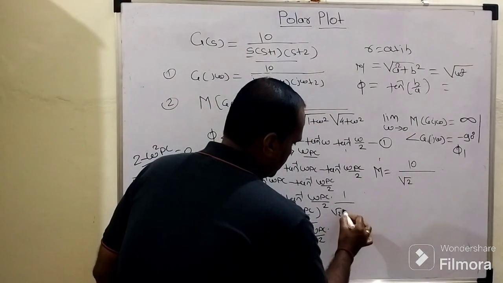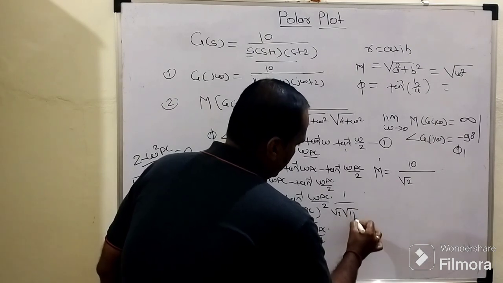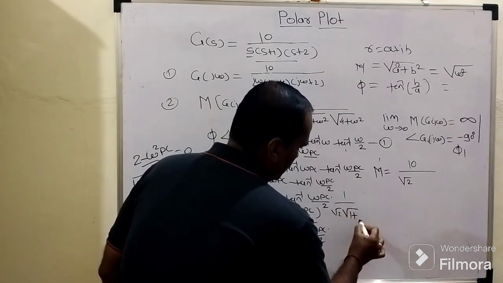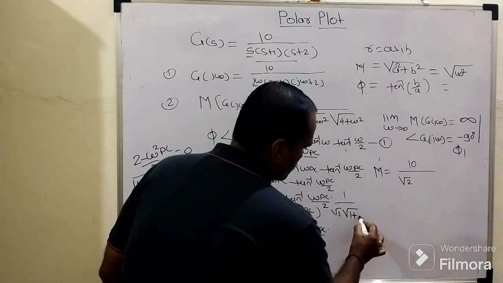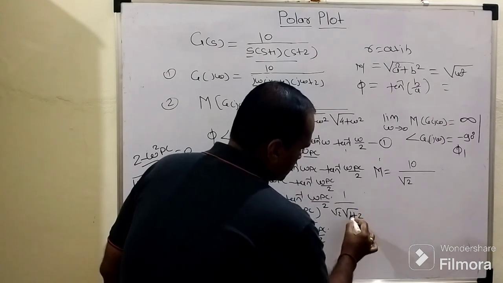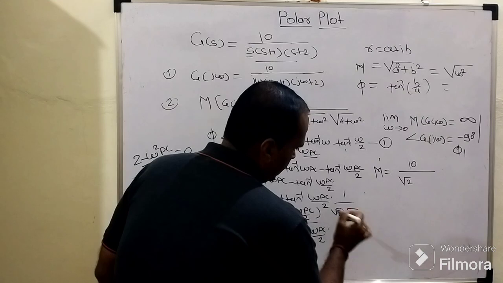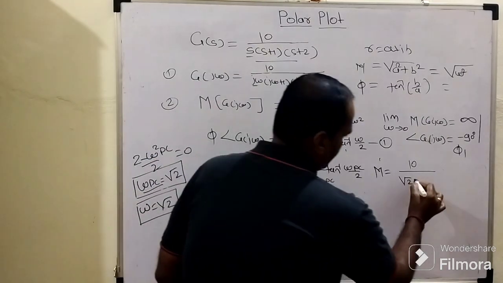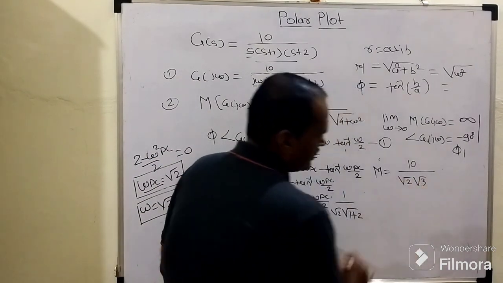Omega equals to root 2, so root 2 square equals to 2. So square root of 1 plus 2 equals to 3, right?